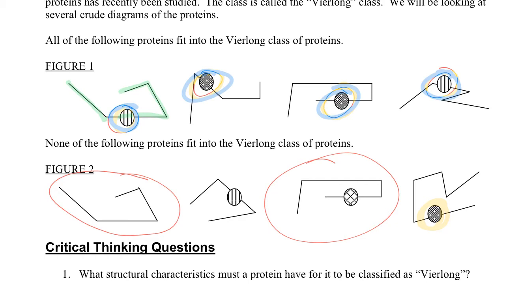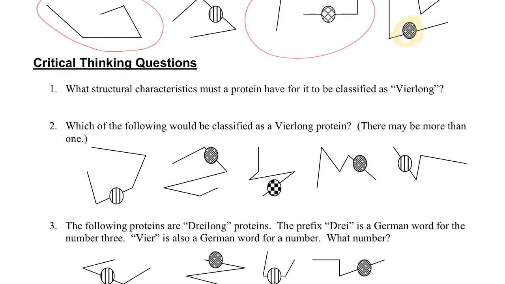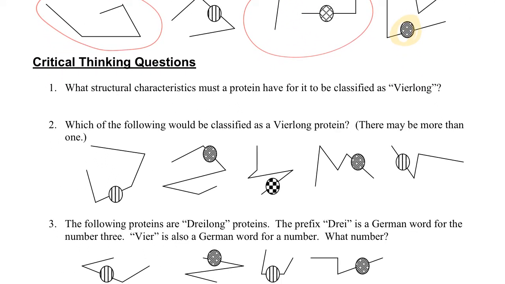Now, when they look at question 2, which one of these would be classified as Vierlong proteins? Well, they need to have 4 segments, and they need to have a striped or a dotted globule. So this one qualifies. The second one has too many segments.